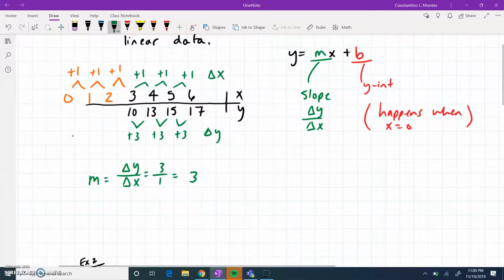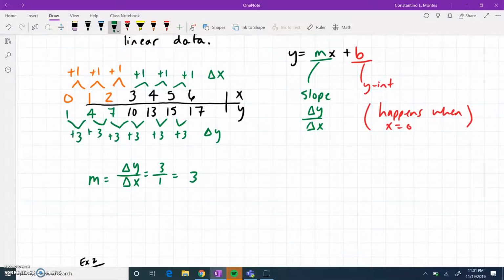So down here, things work a little bit differently. Instead of going backwards by 1, I'm going to go backwards by 3. So 10 minus 3 is going to be 7. 7 minus 3 is going to be 4. And one more time, 4 minus 3 is going to be 1.